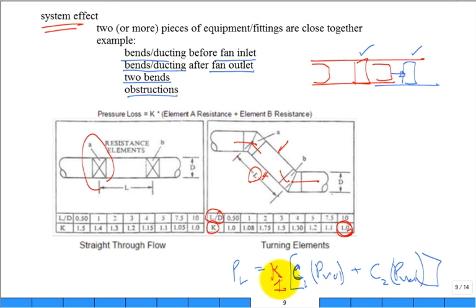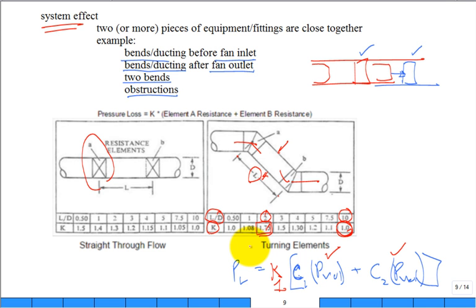Because if K is 1, then you're just summing the loss from the first component and the loss from the second component. Well, it's when L over D is greater than 10. They're far enough apart. But if the L over D is 2, look at that system, it's 1.75. You have an additional 75% that you don't want to leave unaccounted for. You want to account for it in the design.